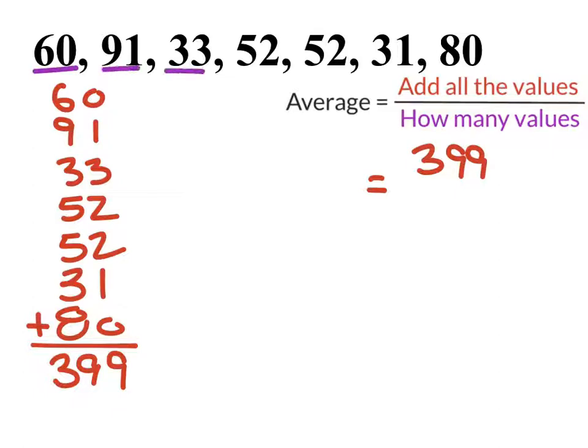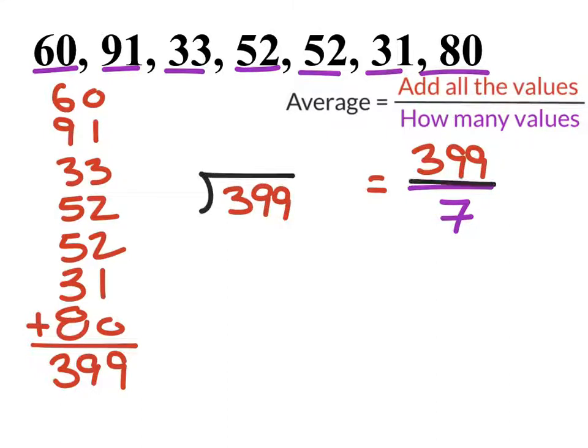1, 2, 3, 4, 5, 6, 7. So divide this by 7, 399, and we are dividing this, so divide sign right there, by 7. 7 won't go into 3, but it will go into 39 5 times. 5 times 7 is 35.